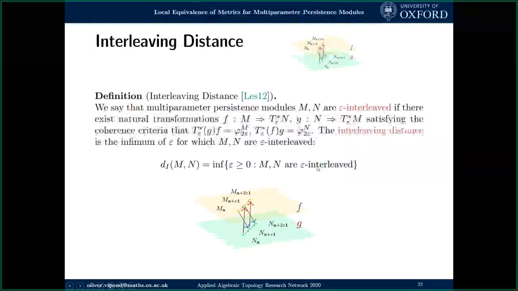However, the interleaving distance has very nice theoretical properties in the sense that it's stable with respect to a suitable definition of stability, and it's also very discriminative in the sense that two modules are zero interleaved if and only if they are isomorphic. So this interleaving distance really is the nicest distance we can consider on multi-parameter modules. The only downside is that it's very hard to compute.